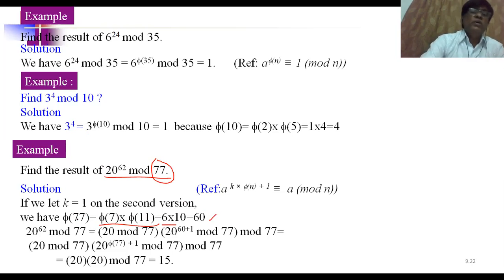But here we have 62. That means we should use the second version of Euler's theorem, that is a power k times phi n plus 1 is congruent to a.